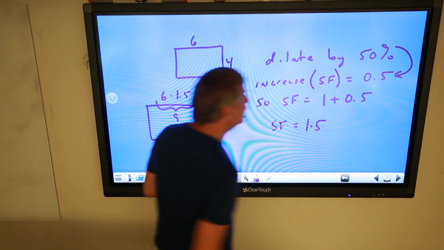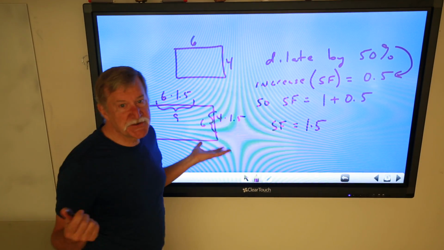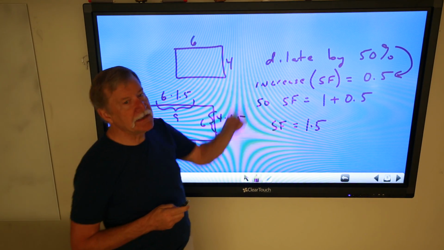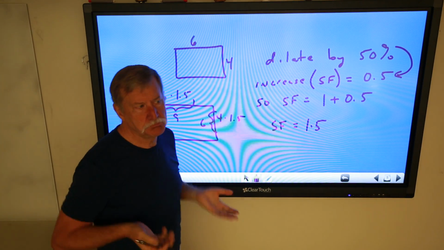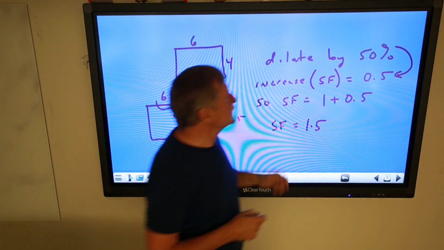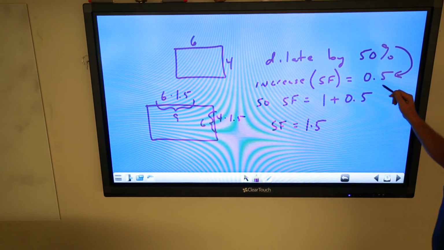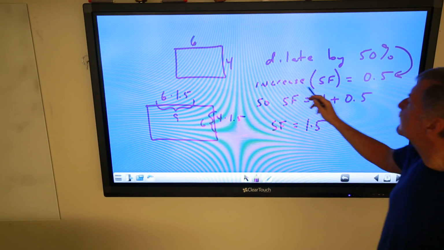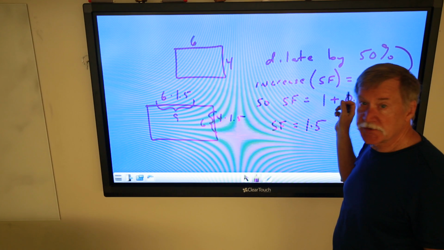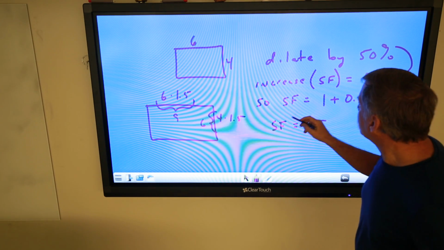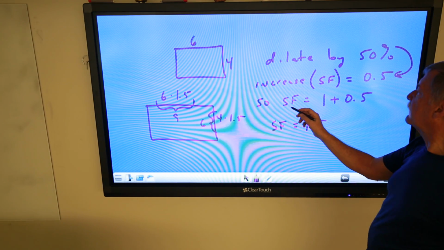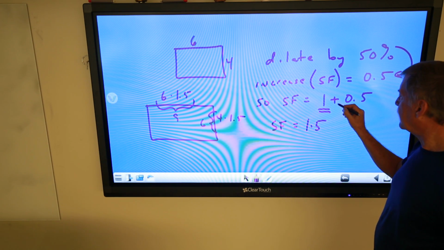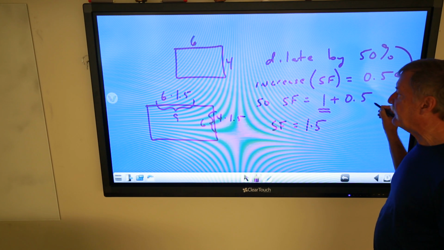All right. Another example would be using percentages in dilation. We have a rectangle that we want to dilate 50%. All right, big deal. We're just going to change 50% into a scale factor of 0.5, but remember that this is an increase of 50%. So what I'm really getting here is the scale factor is the original amount, 1, and 0.5 added to it.